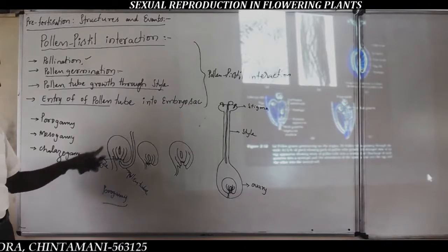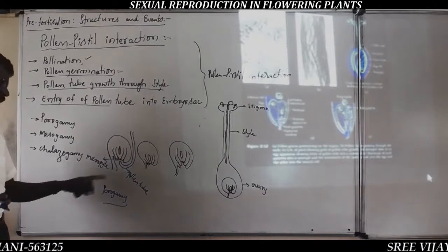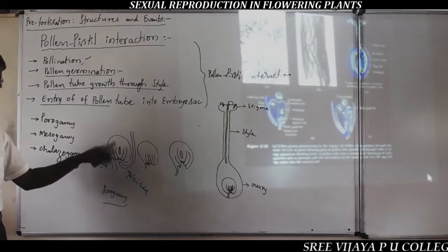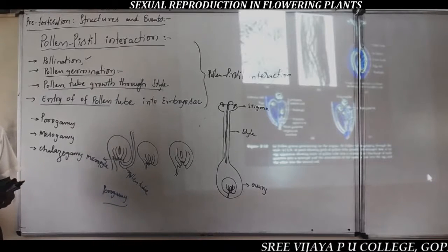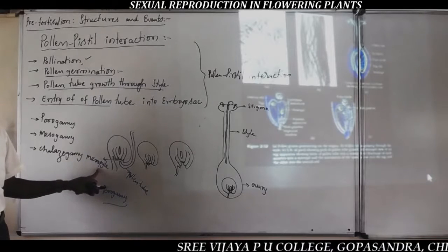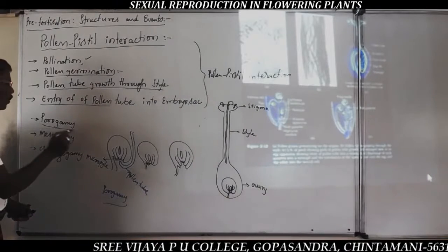That pore is not covered by the two integuments, and through that pore the pollen tube enters the embryo sac. This type of entry is called porogamy.